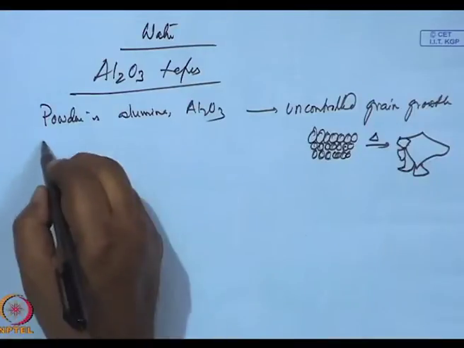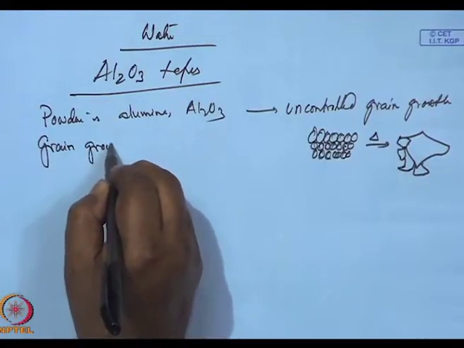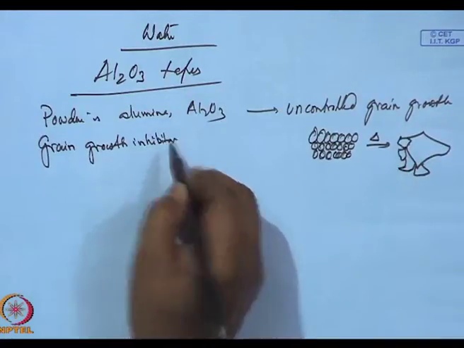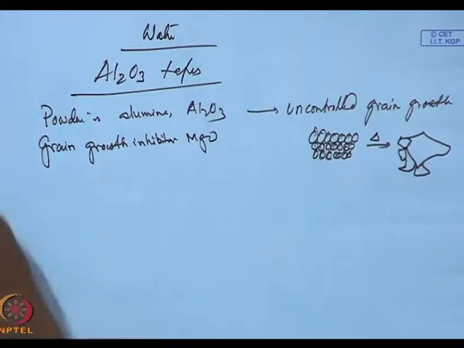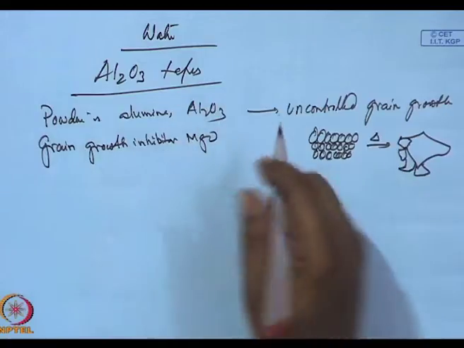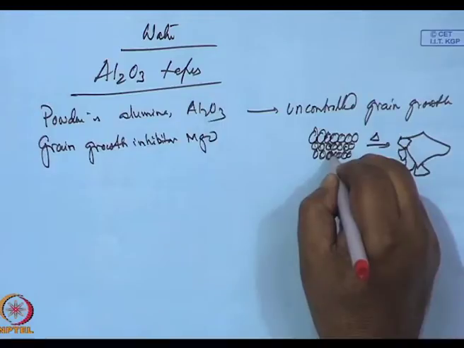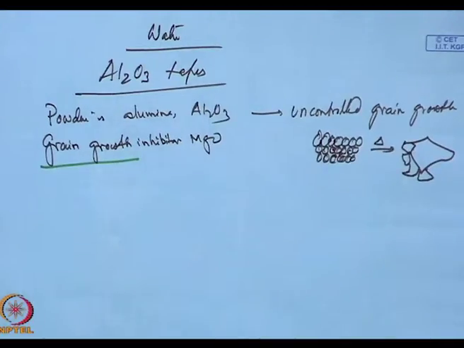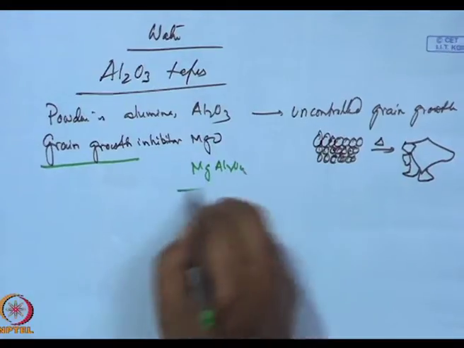So, in alumina what is added is a grain growth inhibitor, which is magnesium oxide. What does MgO do? MgO sits between the particles of alumina and prevents grain growth. Because MgO forms MgAl2O4.